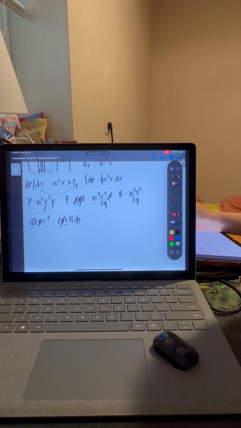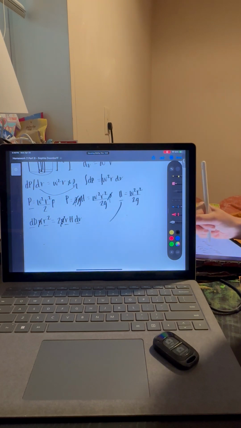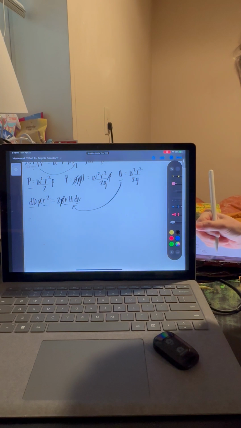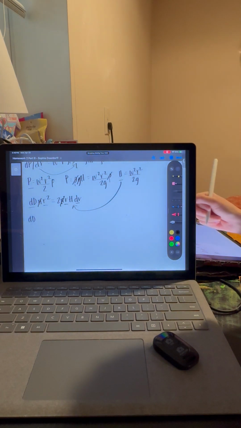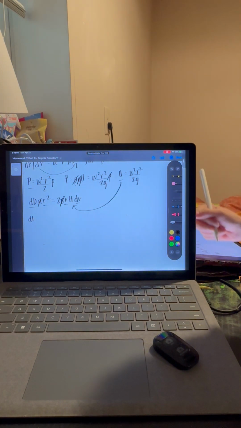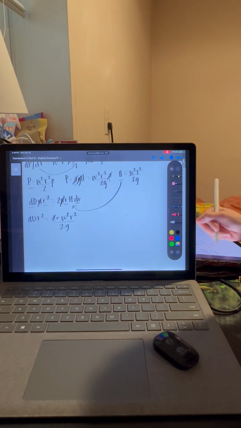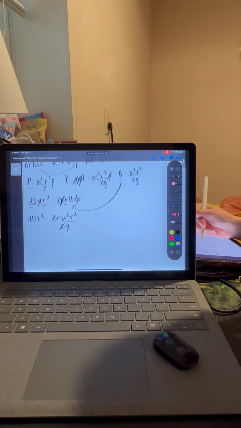So we plug in the h that we found, and that looks like the differential diameter, r squared, is equal to 2r times omega squared r squared all over 2g. So this cancels, and then we can condense this and integrate.